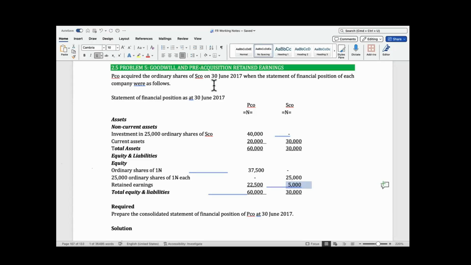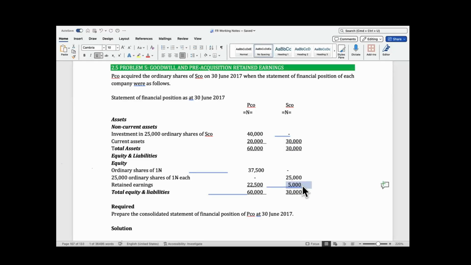That's absolutely correct. So Michael, that's another one you need to note. Probably you know it before. This 40,000 here has to cancel out against the entire 30,000, because look at when we acquired ESCO and look at when this account is prepared. So this 40,000 actually relates to both the share capital and all the reserves of ESCO, because they were there at the date of acquisition.